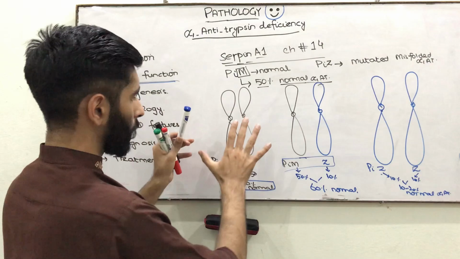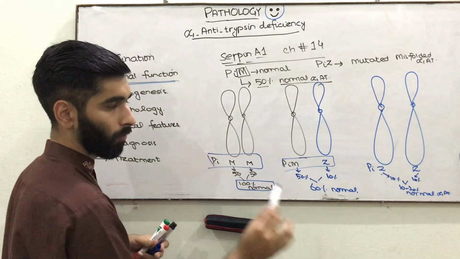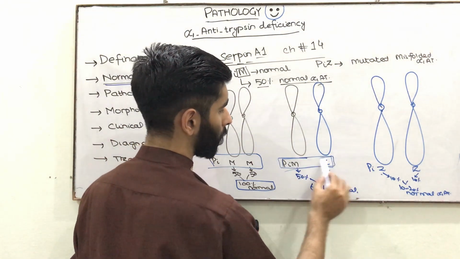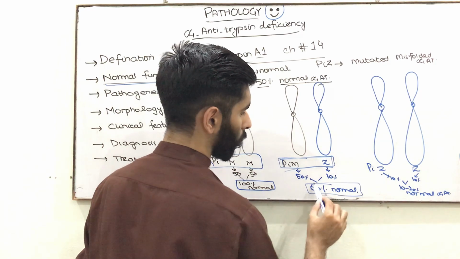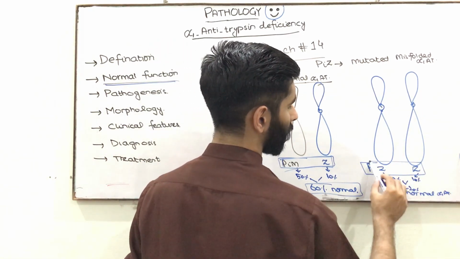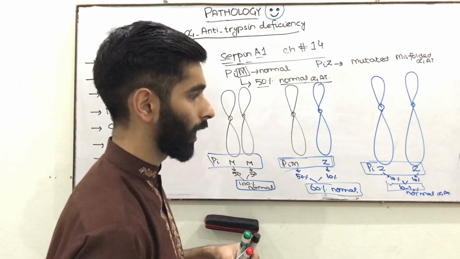So when a person has PiMM, there will be 100% of normal alpha-1 antitrypsin. When a person is heterozygous PiMZ, there will be 60% of normal alpha-1 antitrypsin, and when the person is homozygous PiZZ, the person has only 10 to 20% of normal alpha-1 antitrypsin.